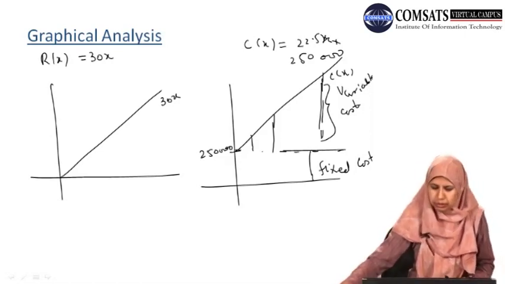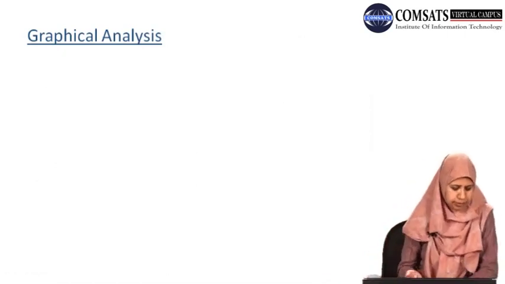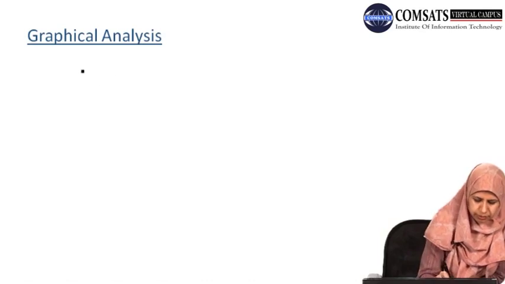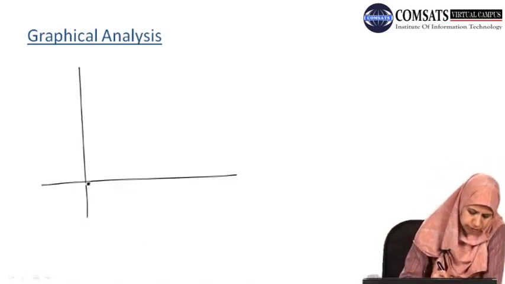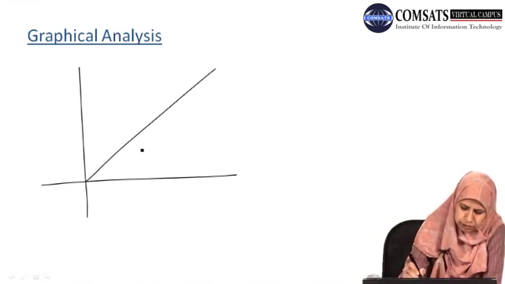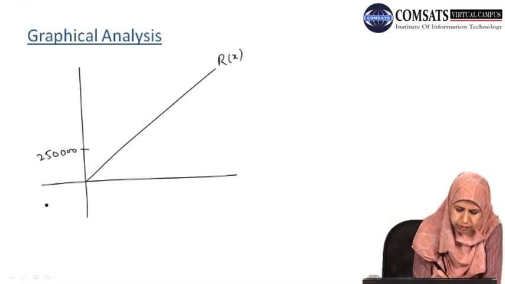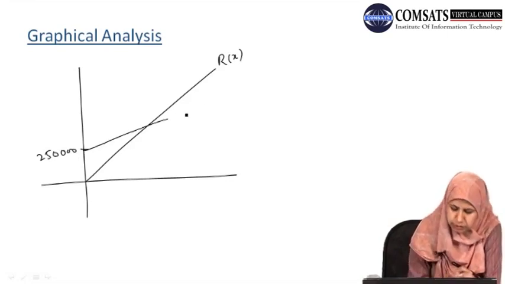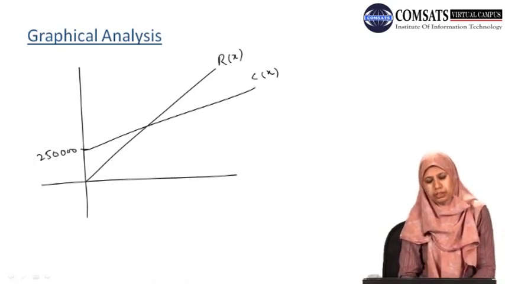Okay, now what do we mean graphically by our break-even analysis? This was our revenue function, this is somewhere 250,000, and this is our cost function C of x.